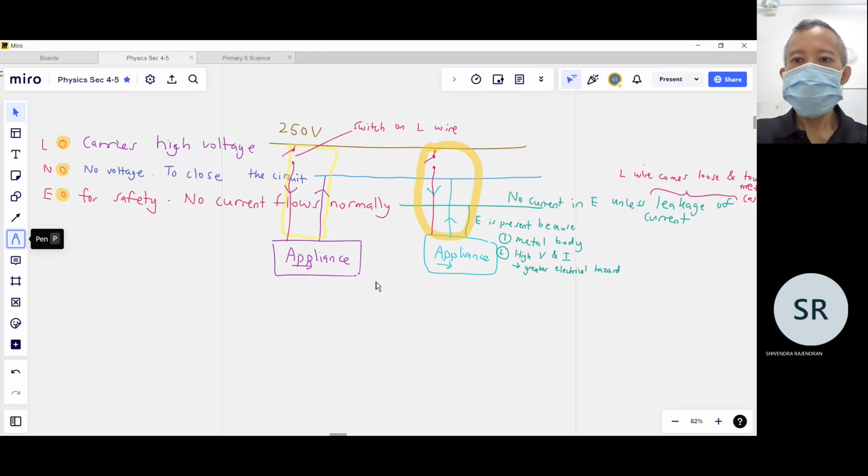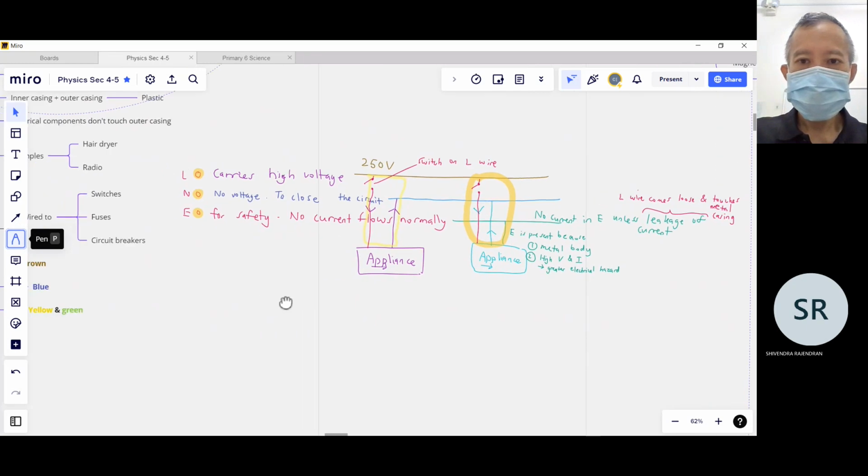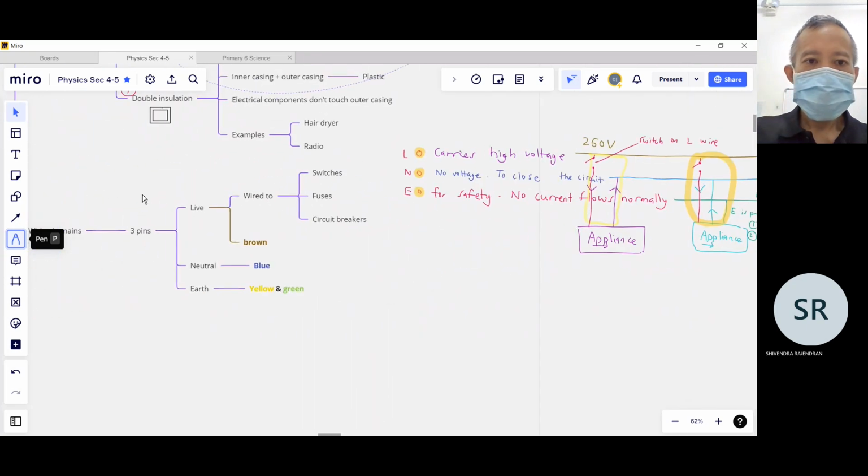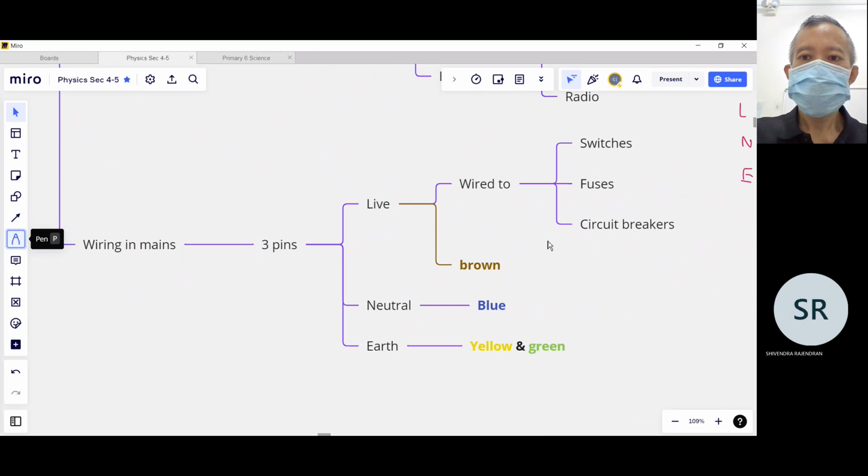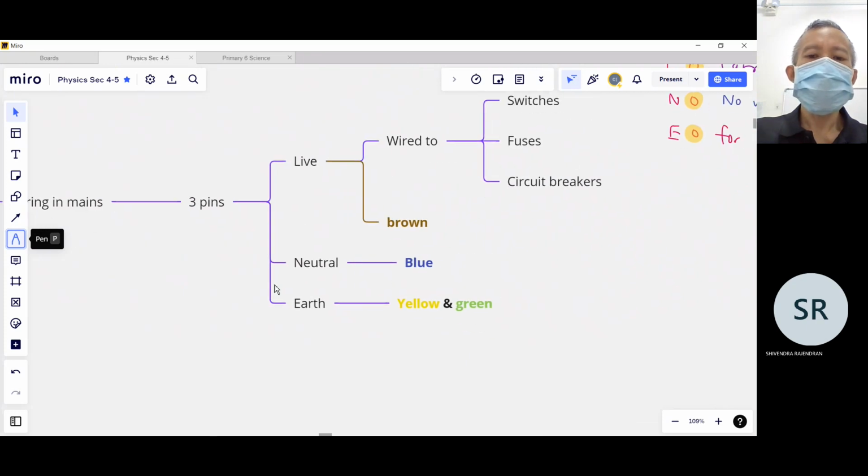Anything else to tell you? Yes, finally, please remember the colors: live, neutral, and earth.